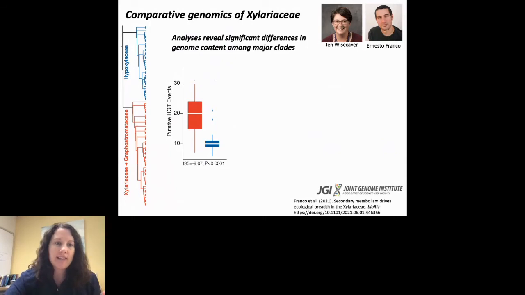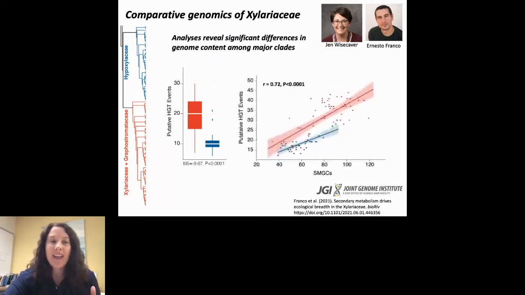Interestingly, although we haven't observed very many differences between endophyte and non-endophyte genomes at this scale, we did find that endophytes had more horizontal gene transfer events compared to non-endophytes. And horizontal gene transfer is one reason why we see such an expansion in the secondary metabolite gene clusters.